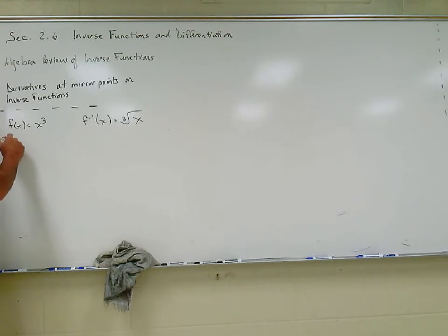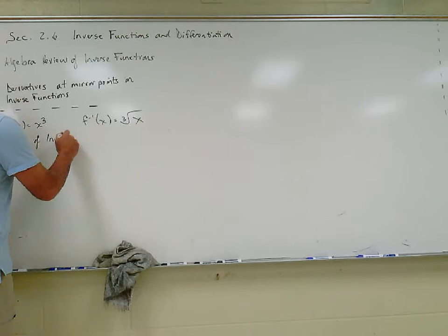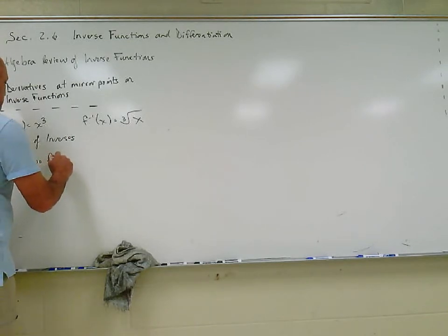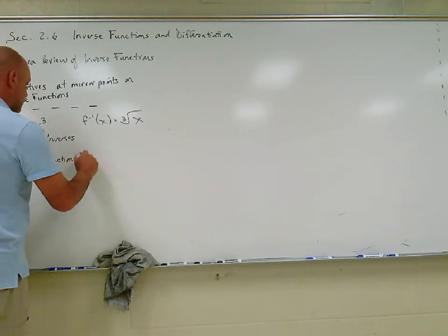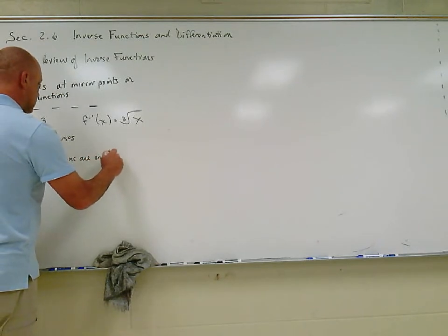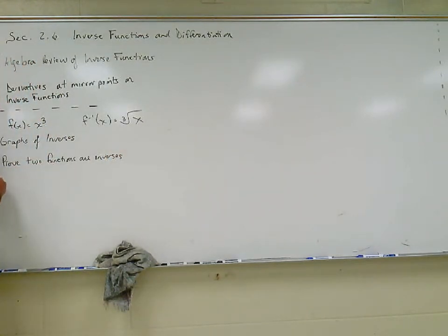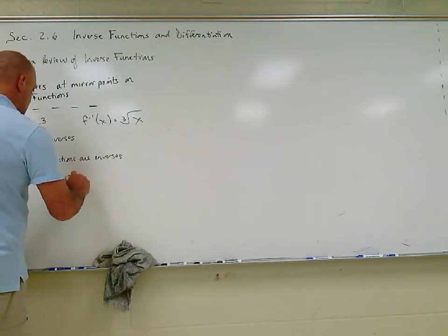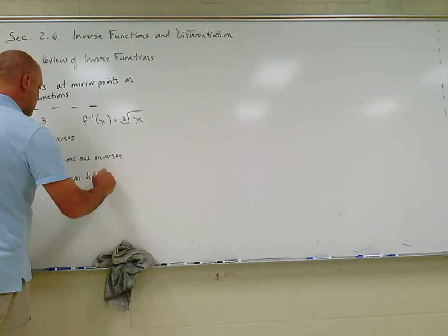What are the graphs of inverses look like? The second thing is how do we prove two functions are inverses? And then the last one is, given a function, how to find the inverse.